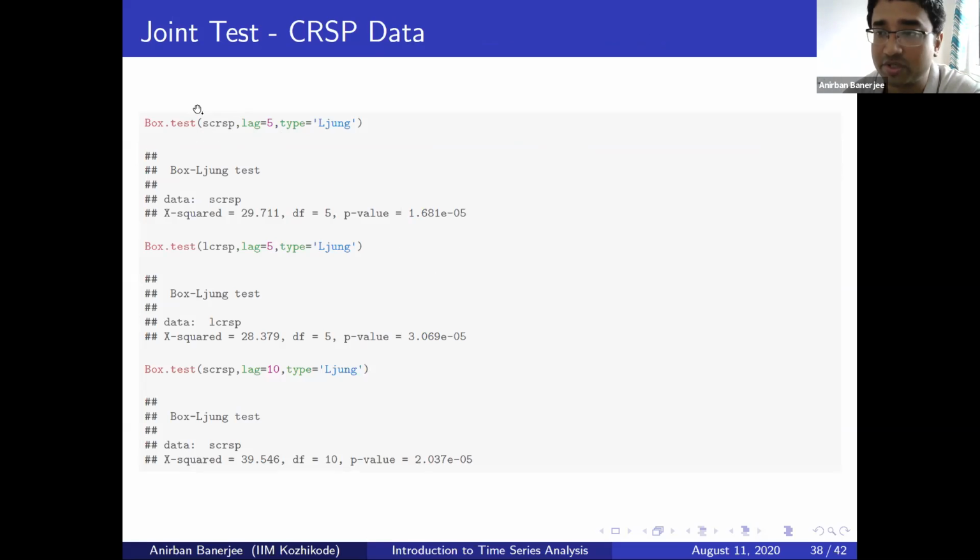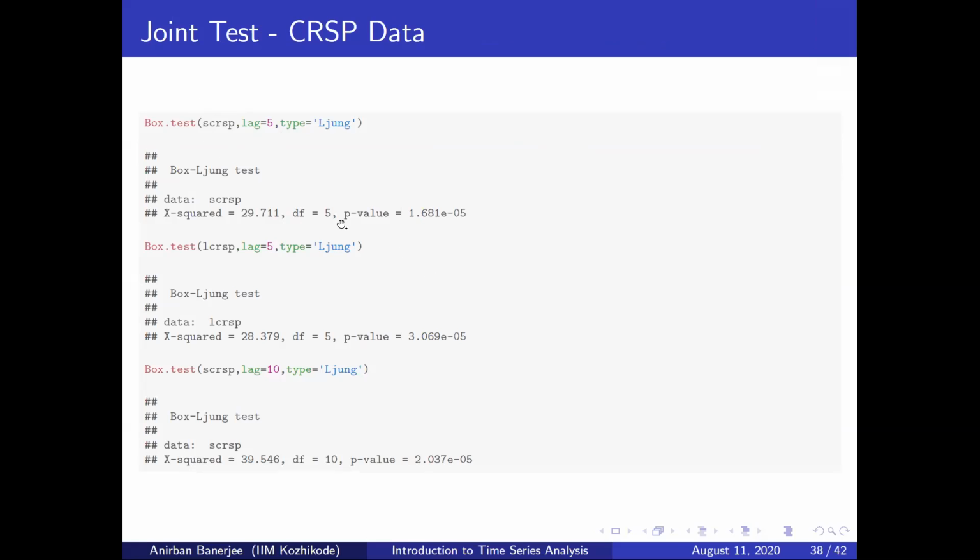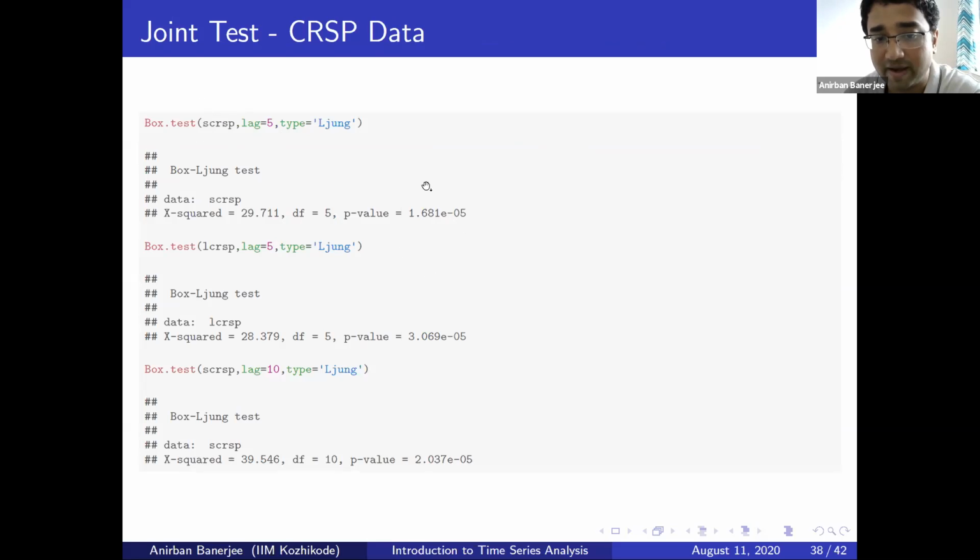First, we are going to use the simple returns. Here we find that unlike last time where the p-value was pretty high, now the p-values are pretty low. So now we can reject the null hypothesis whereby all the ACFs were 0. We are able to make that conclusion for the simple returns as well as log returns, in both cases.